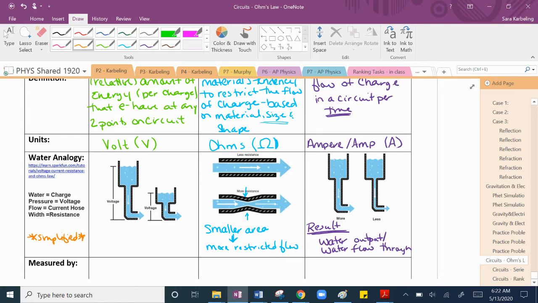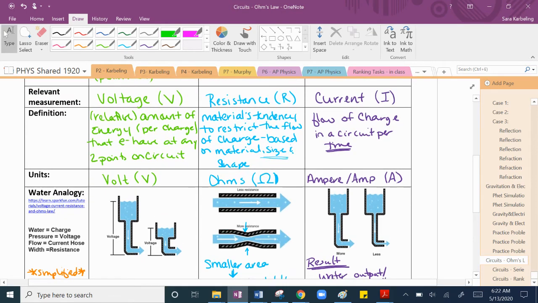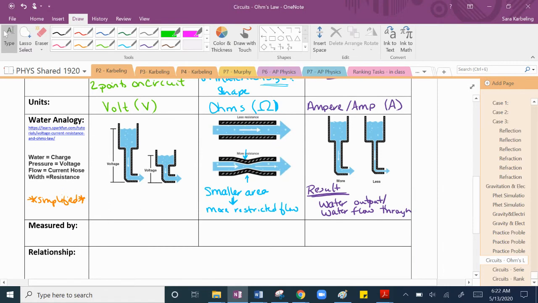If you just leave a hose with a bunch of water in it, it's just going to be sitting there. Just like if you take a piece of wire, there are electrons in that wire, but they're not moving anywhere. They don't have any energy telling them to move in a certain way. But if you take that bucket and you lift it up, well, then there's going to be some pressure pushing down on that water to cause that flow.